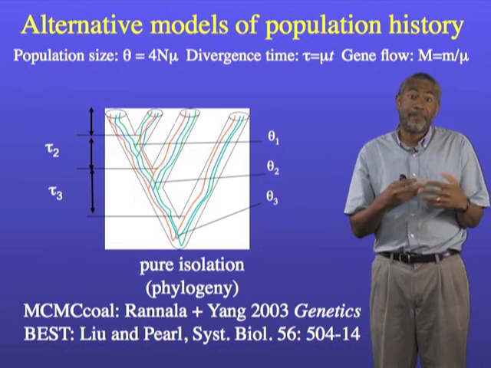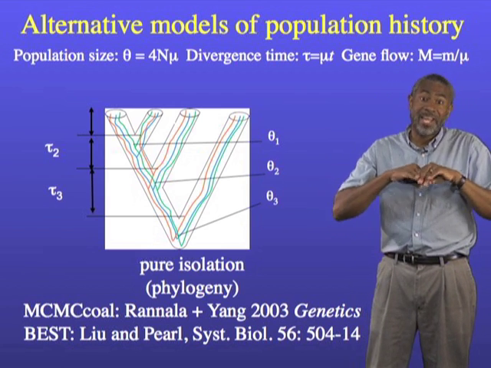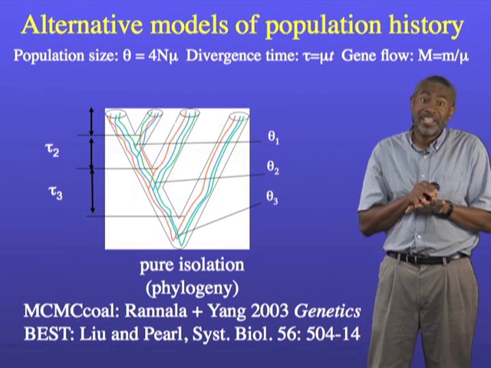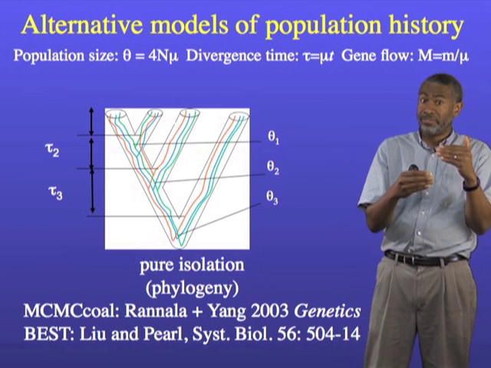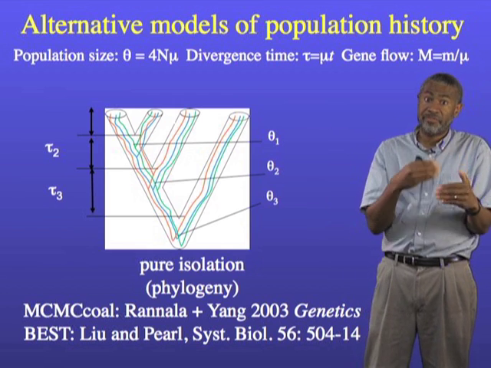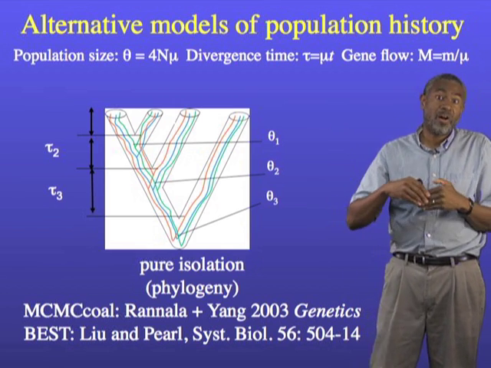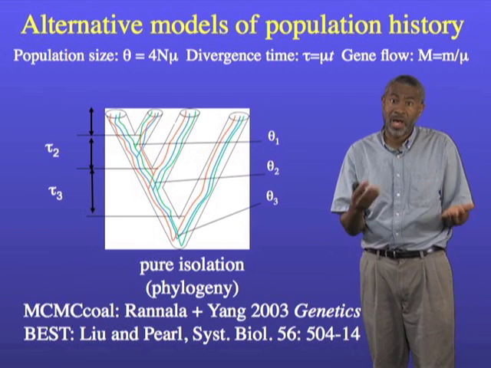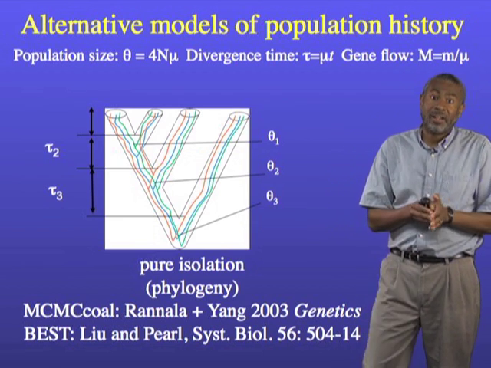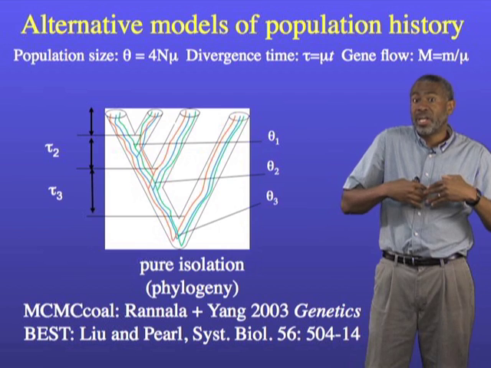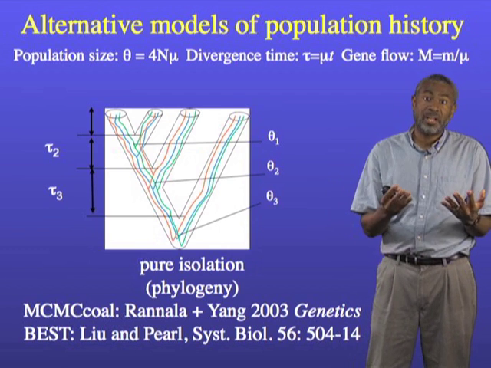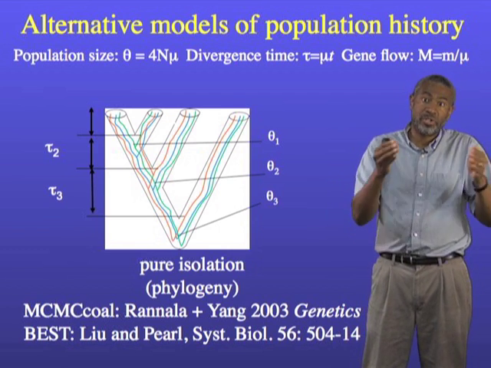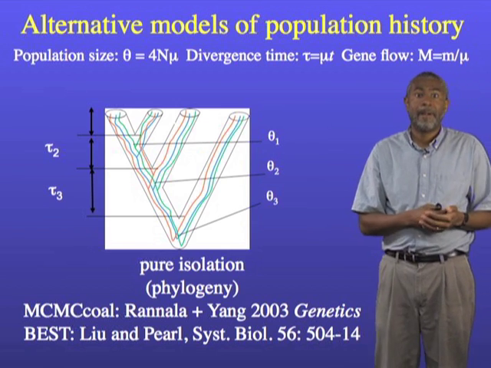Finally, we can talk about a model that doesn't involve any gene flow. In fact, it only involves a series of isolation events, a series of divergence events. You might call this the pure isolation model. In this model, it's essentially the history of a phylogeny, a history of populations that have been diverging from a common ancestor.